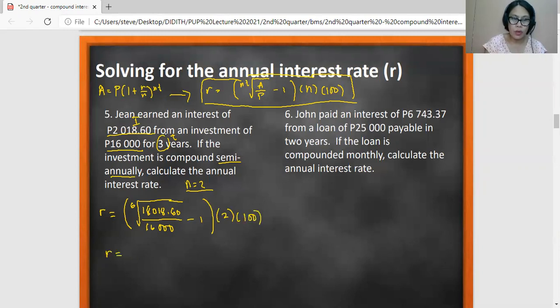So R is already in percent here. So we have 4% here.